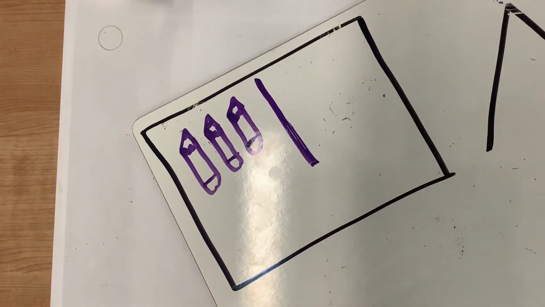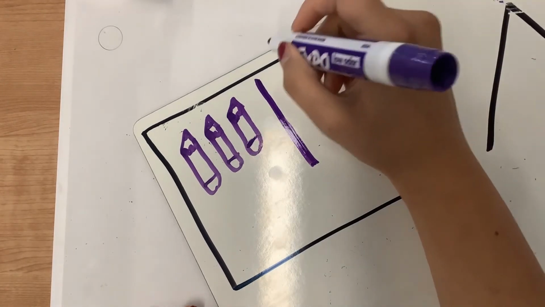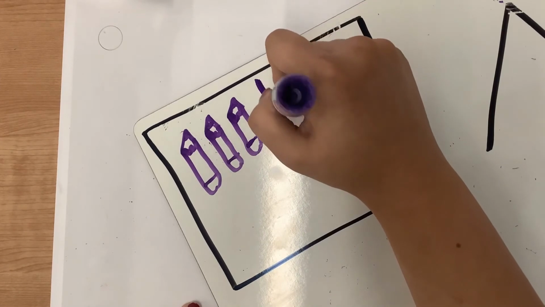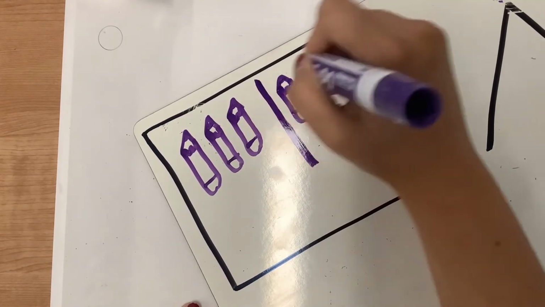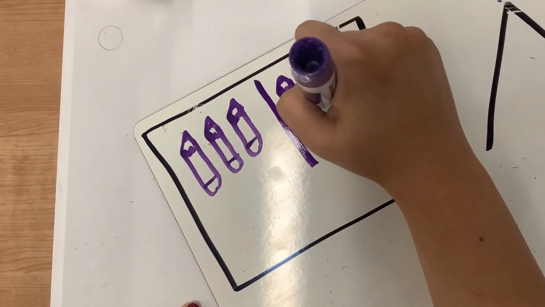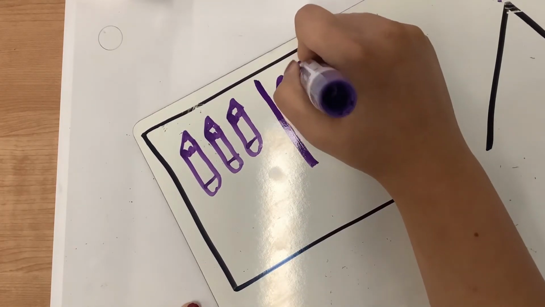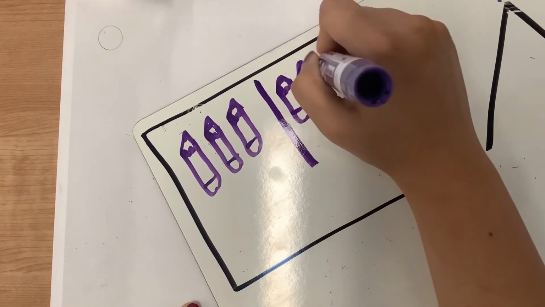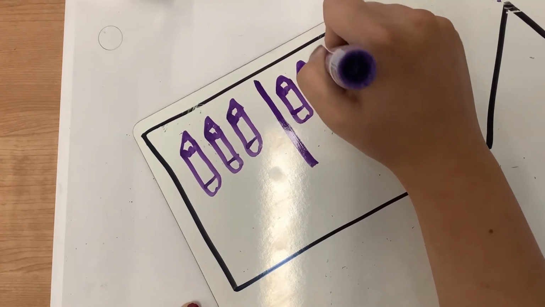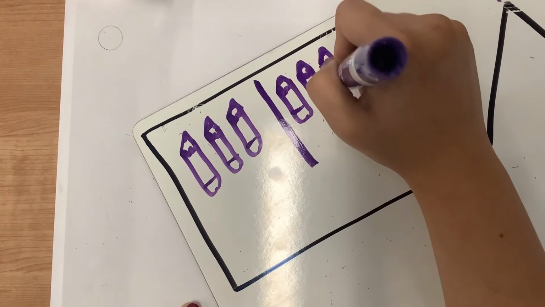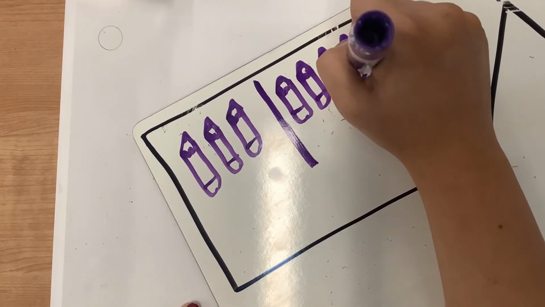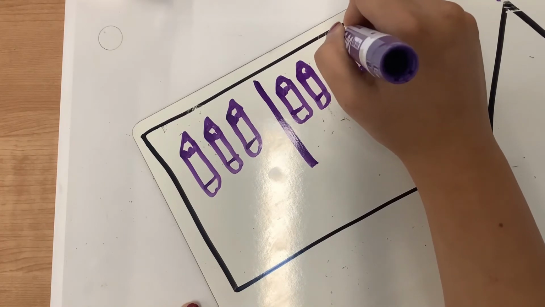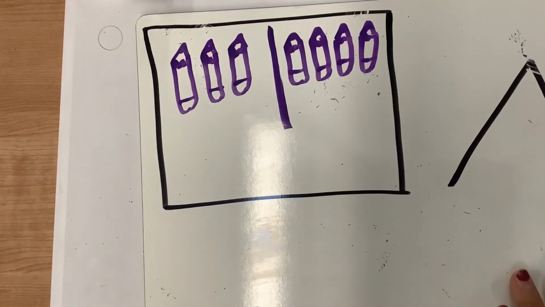That's the first partner. Then it says you buy 4 pencils. So let me now draw those 4 pencils. I feel like my pencils got shorter for this guy. Okay.